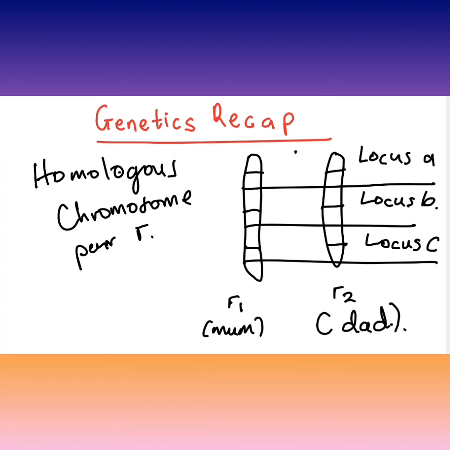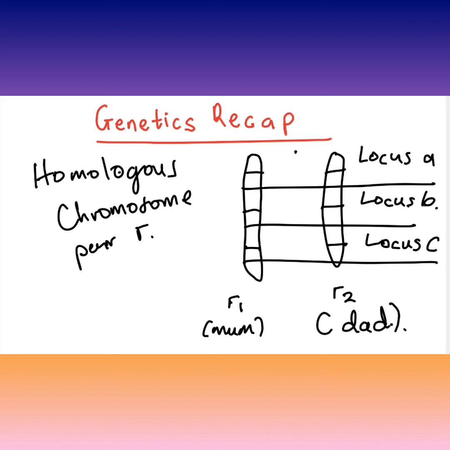Now, let us assume that both genes in locus A in R1 and R2 both code for eye color. Now remember that these two genes make up a homologous chromosome pair. And just a brief recap, we basically have 23 homologous pairs in a human individual.